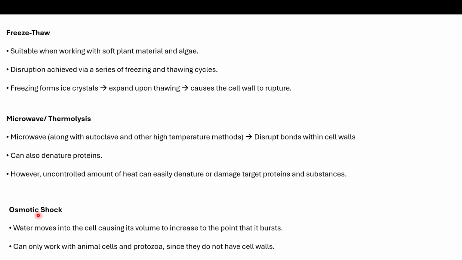And this osmotic shock can work with animal cells and protozoans, since they do not have cell walls. Using only osmotic shock to break open cells having cell walls is a bit difficult. So usually osmotic shock works for cells that do not have a cell wall.